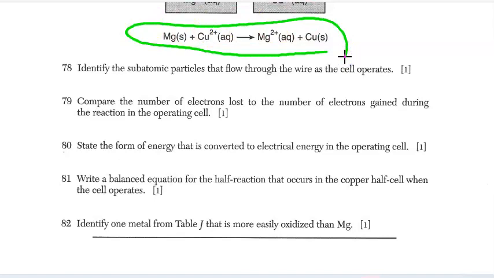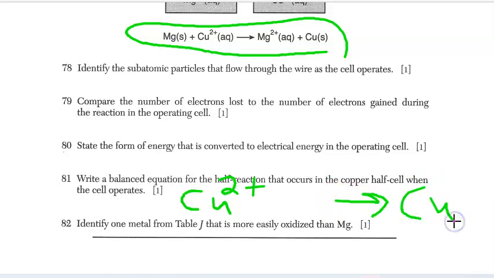Let's pull down copper. So we have copper with a 2+ charge. It's copper ion, and it's going to copper atoms, no charge there. Remember, your oxidation number here is 0. All you have to do is balance out your mass and charge. I have 1 copper on the left, I have 1 on the right. I have an overall 2 plus on the left.